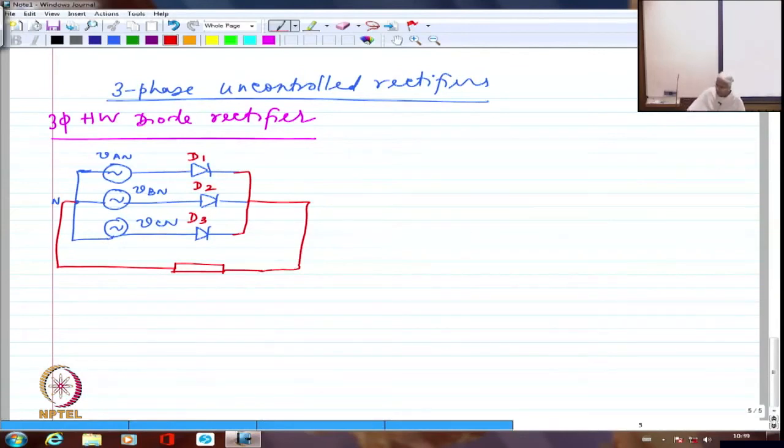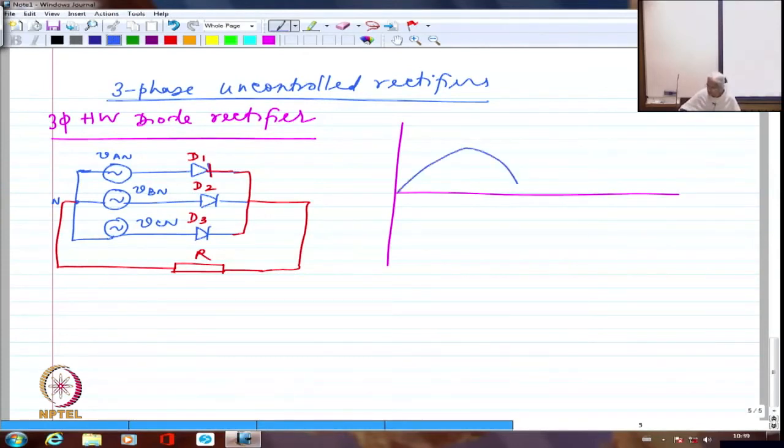So I have to see at what point D1 will conduct, at what point D2 will conduct, and at what point D3 will conduct. Let's first of all start off with a simple resistance load, R load, right? So let me first of all draw the three phase voltage waveform.